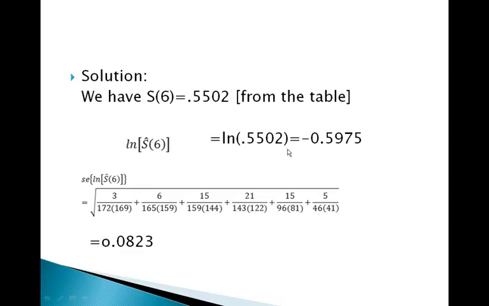We would take the log of this, which gets us minus 0.5975. And the standard error of this, which is again the sum of each of these d sub i over s sub i times the difference in survival minus d sub i, we would get 0.0823.